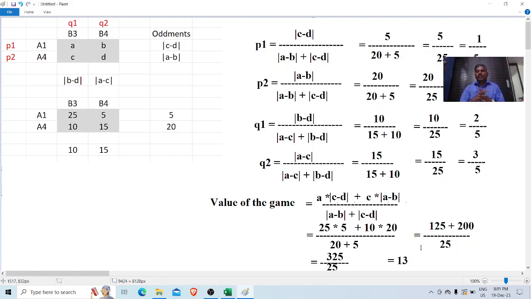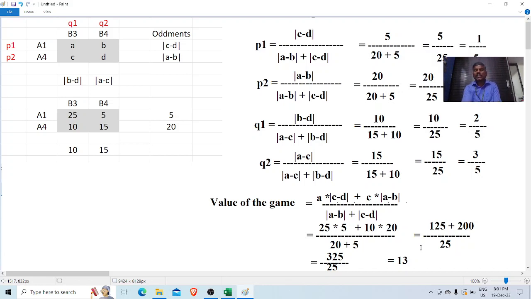So when you are asked to solve a problem using the dominance principle, it is implied that the minimax and maximin principle will not help us.